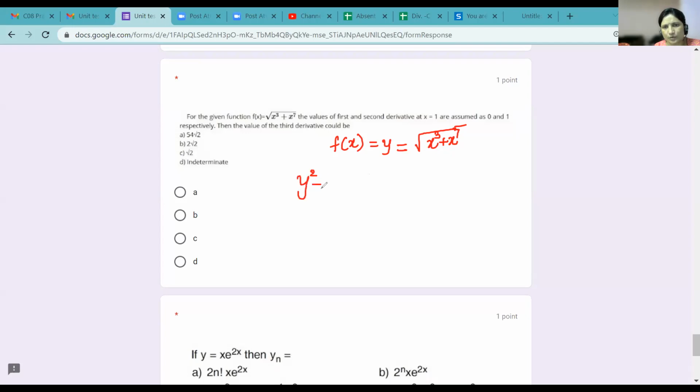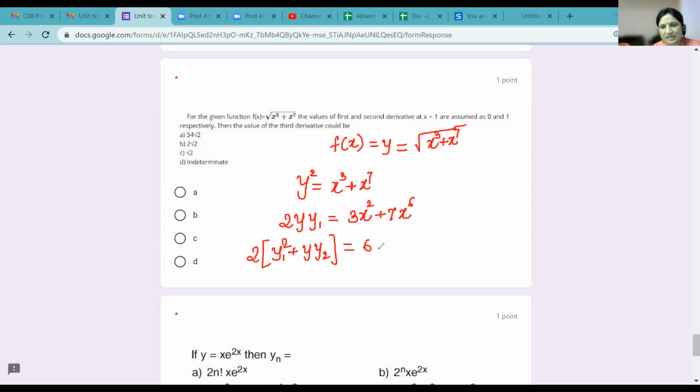So y square is equal to x cube plus x raised to 7. Okay, taking first derivative, what will be that? 2y y1 is equal to 3x square plus 7 into x raised to 6. Then 2 बाजूला ठेवला, आपल्याला थर्ड डेरिव्हेटिव्ह विचारलंय, म्हणजे आपल्याला आणखीन 2 डेरिव्हेटिव्ह घ्यावे लागतील. So y into y1, so it will be y1 square plus y y2 is equal to 6x plus 7 into 6, 42x raised to 5.